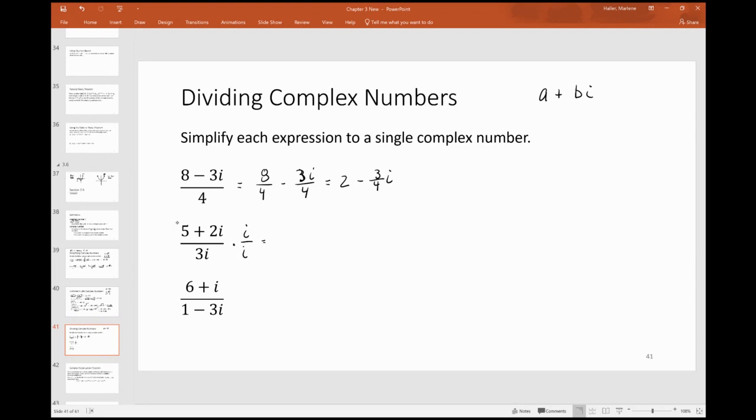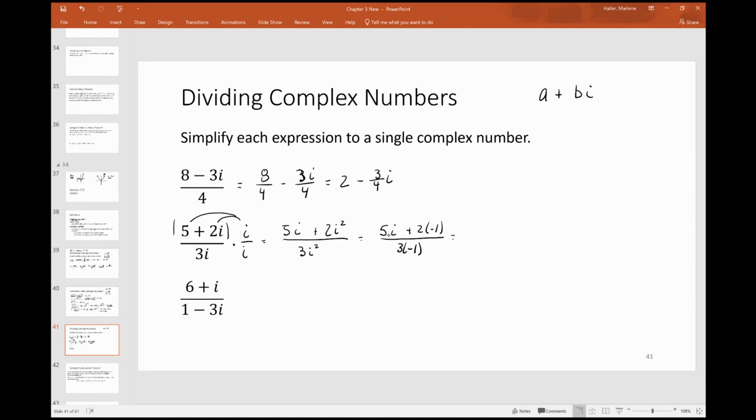So let's do that multiplication. Let's see, in the numerator, I'm going to distribute that i. So I'll have 5i plus 2i squared. And in the denominator, I'll have 3i squared. Okay, of course, i squared is -1. So this will become 5i plus 2 times -1 over 3 times -1. All right.